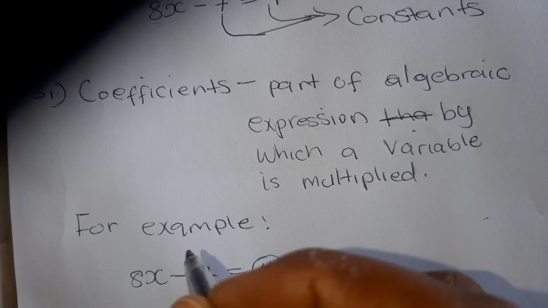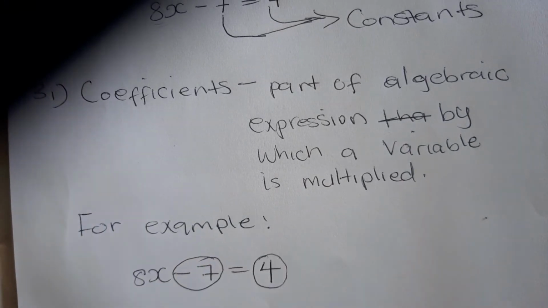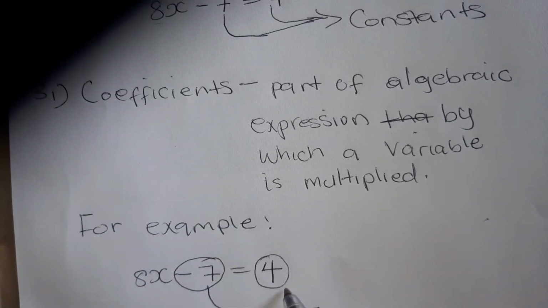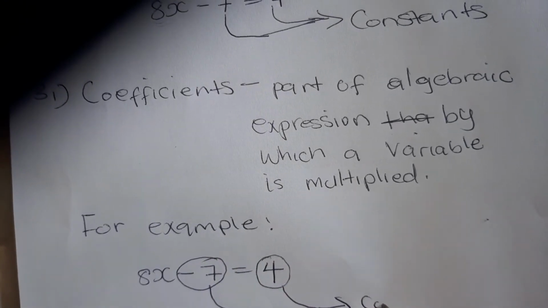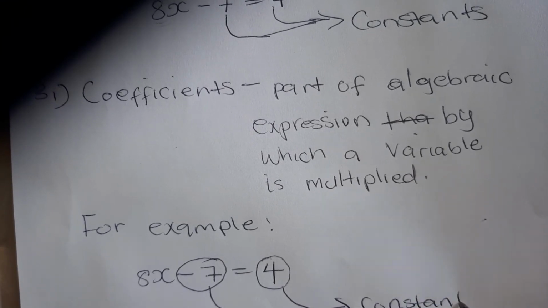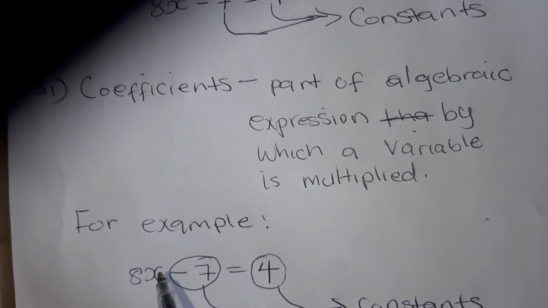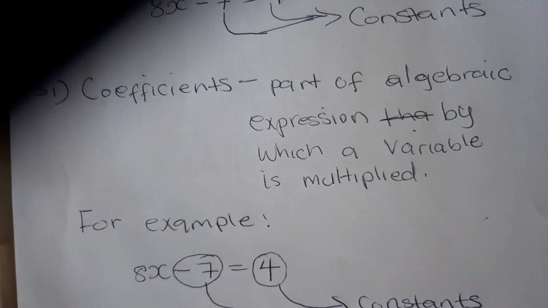And also this -7 is a constant because it also doesn't contain a symbol or alphabet that will change the quantity of an expression later on. So we have our constants.